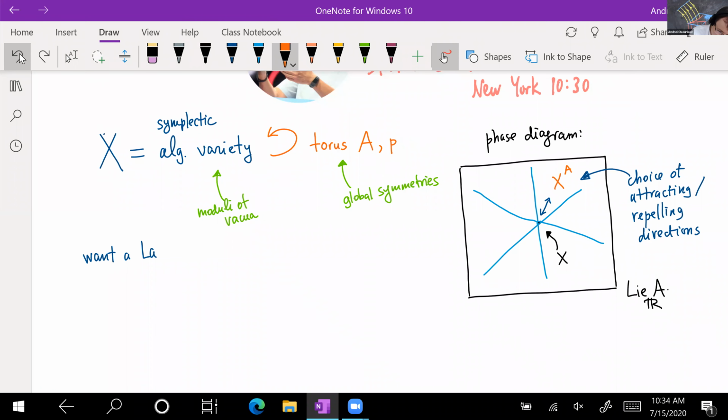Not the solution, but the way we're going to deal with it is that if we hit a fixed point, then we allow a new attracting line.